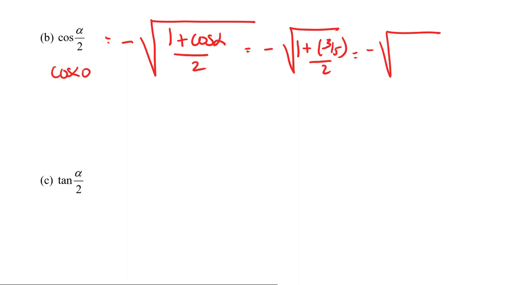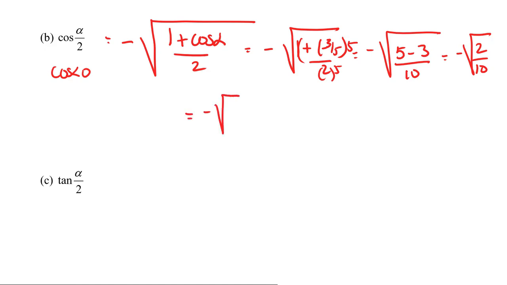It's going to be the negative of, if I multiply by 5 over 5, I get 5 minus 3 over 10. This is the negative of the square root of 2 over 10, which is the same as the negative of the square root of 1/5. And if I multiply by 5 over 5, I get negative square root of 5 over 5.